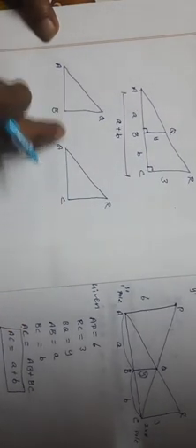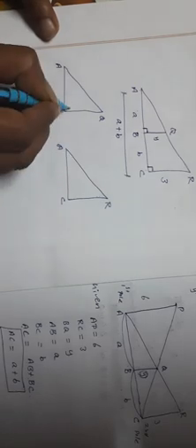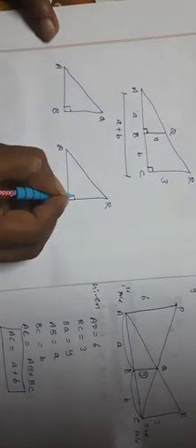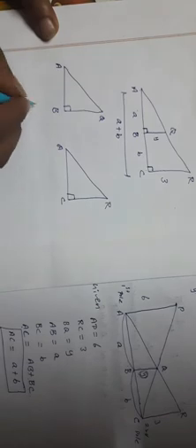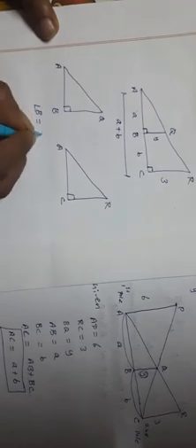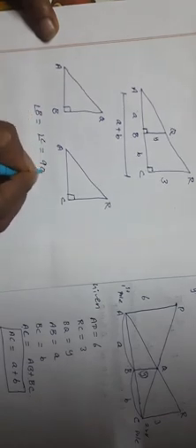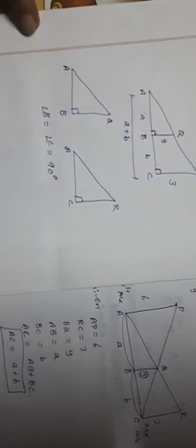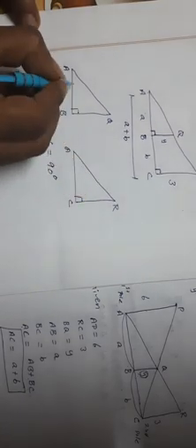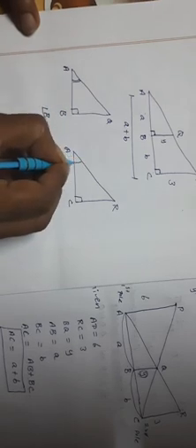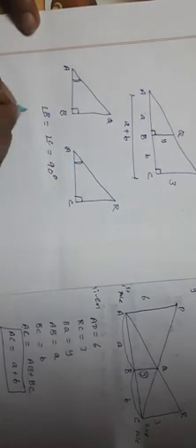Now you want to prove these two triangles are similar. Angle B is equal to 90 degrees and angle C is equal to 90 degrees, so angle B is equal to angle C. And in both triangles angle A is common.